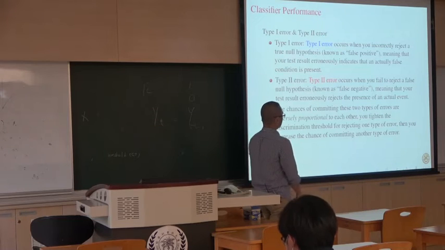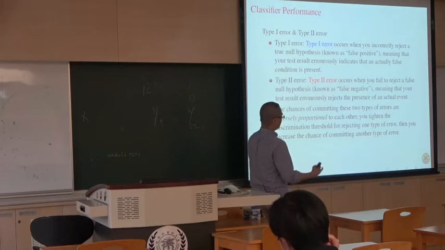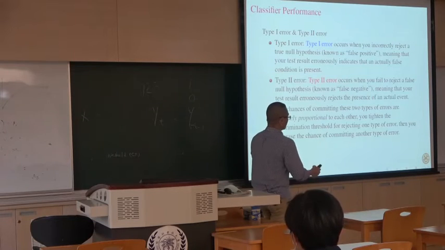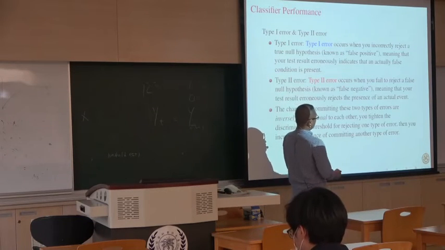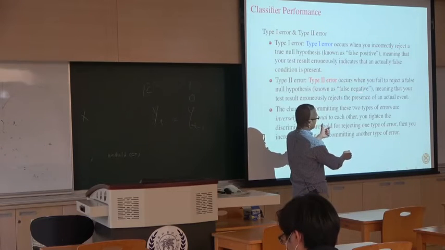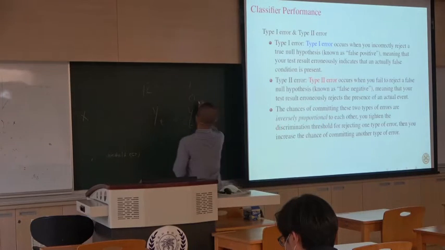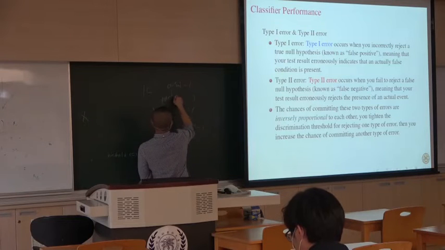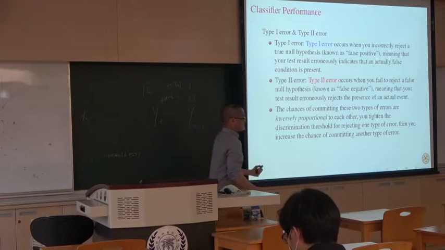On the other hand, in type 2 error, you fail to reject a false null hypothesis, known as a false negative. In other words, your model predicts something to be negative, to be 0, while the actual event is what? Your predicted outcome is 0, and the actual event is 1.